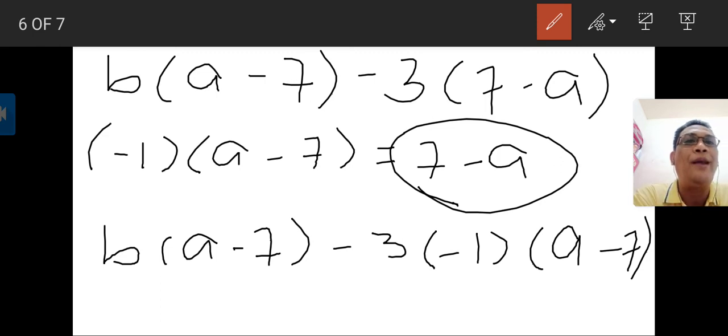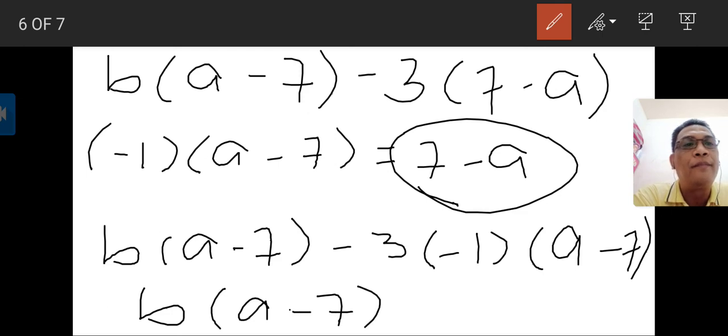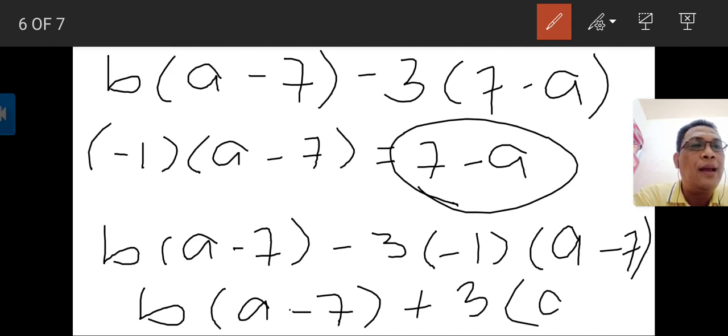So we have here b to the quantity of a minus 7, and a negative multiplied by a negative will be positive 3 to the quantity of a minus 7. Okay, so that is your derived polynomial.